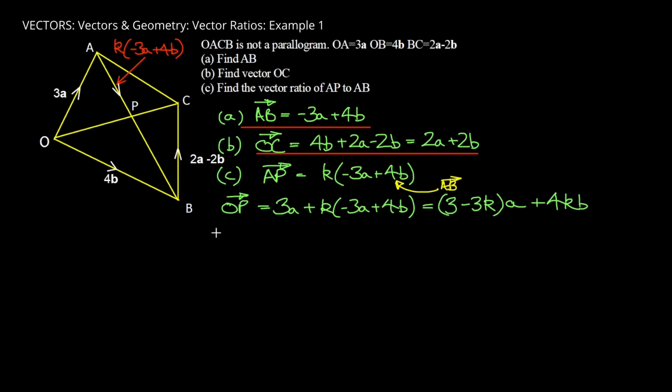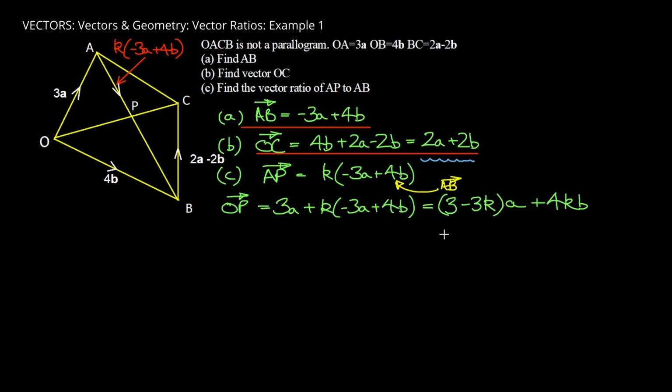Now here comes the clever bit. OP that we've just found is part of the line OC. It is collinear with that line. It has the same gradient as OC. Now OC, which is here, has equal components of the A vector and the B vector.